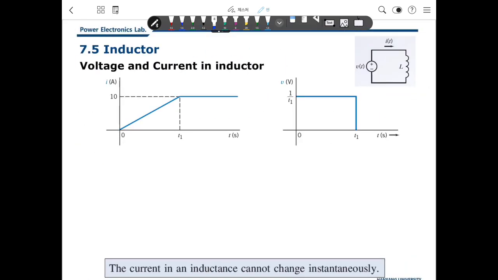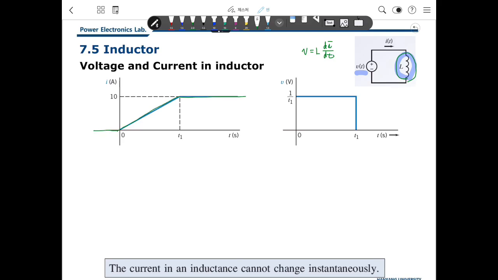So here is an example. This is the inductance, and this is the voltage source. Based on this, we can get the relationship between the voltage and current in the inductor. That will be V is L di/dt. So let's check it. For example, we have this current waveform of the inductor.